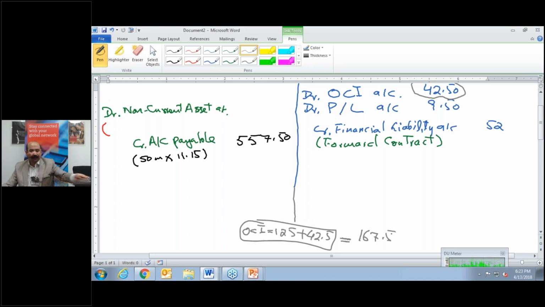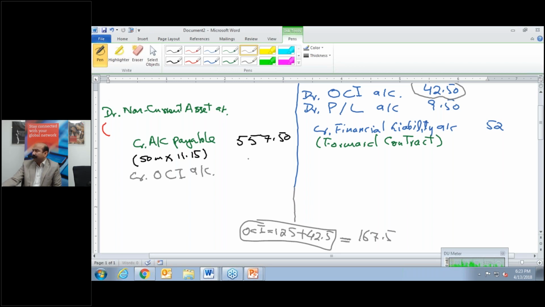Now we are recognizing this asset. So what we will do, we will reverse this amount. We will make OCI 0 by crediting OCI, because 167.5 is debited to the OCI over the period from 1st June 2013 till this time.